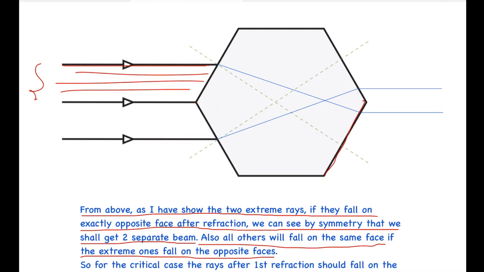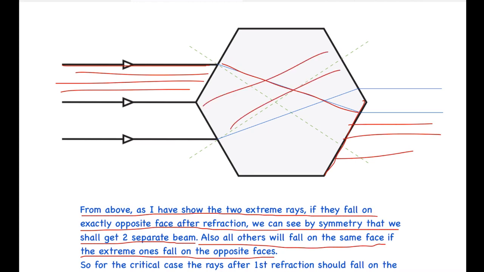Once we have satisfied the extreme cases, we won't need to check whether the intermediate ones fall or not. Now that we have an idea, let's look at the critical cases. Here we can see clearly that when the extreme ray is falling on this face itself, the two rays are getting separated out.